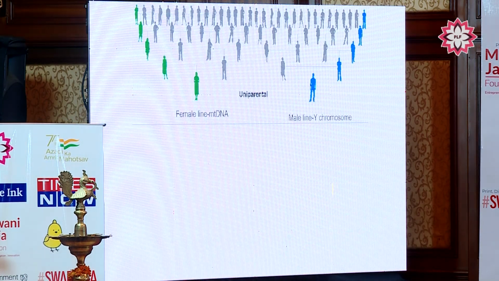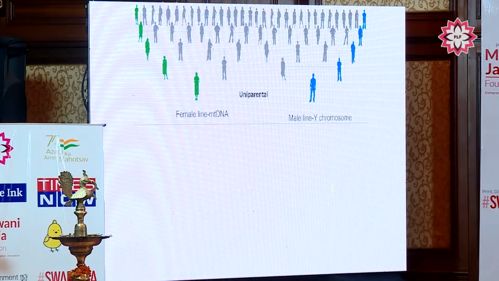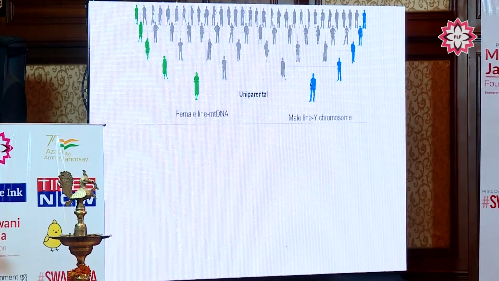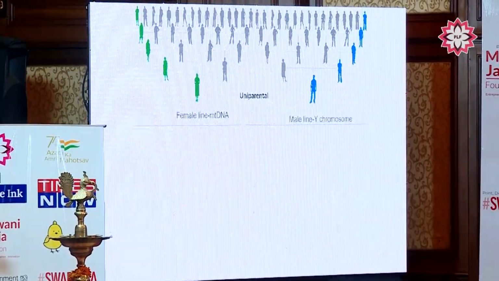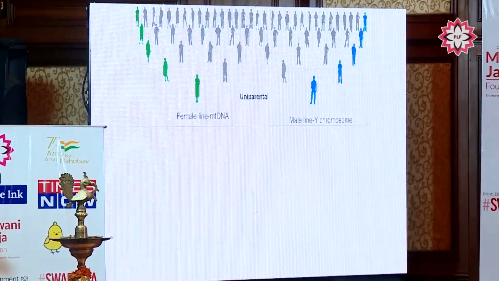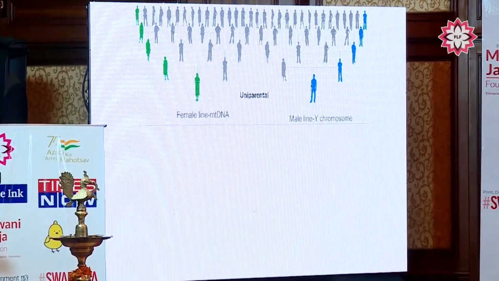So for this we use DNA samples, and we collect DNA samples from different sources. We use saliva samples, we use archaeological samples, we also use sometimes blood sample to extract the DNA. And you know, like the source of DNA varies within the individuals, and we all have three kind of DNA.